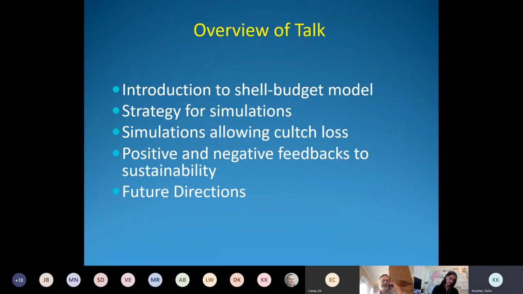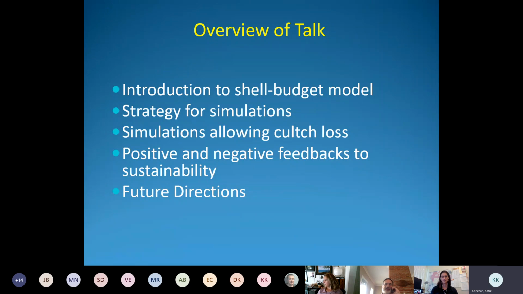Okay, so as I did before, I need to give an introduction to the model itself and talk about some of the strategies that we use for simulations. One thing we realized early on is that in some cases there's a tremendous amount of culch, and might it be possible to allow harvesting beyond a no-net culch loss?